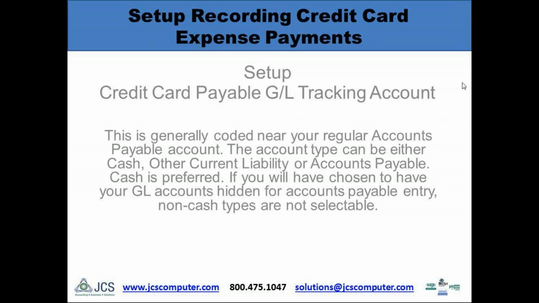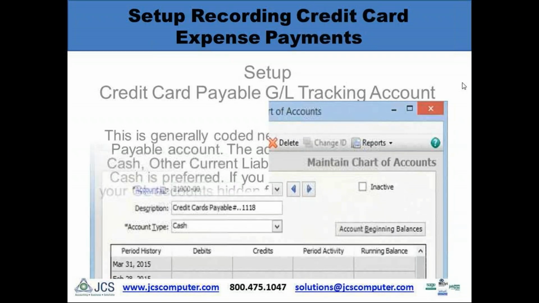Cash is the preferred method, even though it's really not quite appropriate, because when you have the general ledger accounts hidden for accounts payable entry, you do not have the ability to select non-cash account types, although you can actually do data entry and enter it in manually.